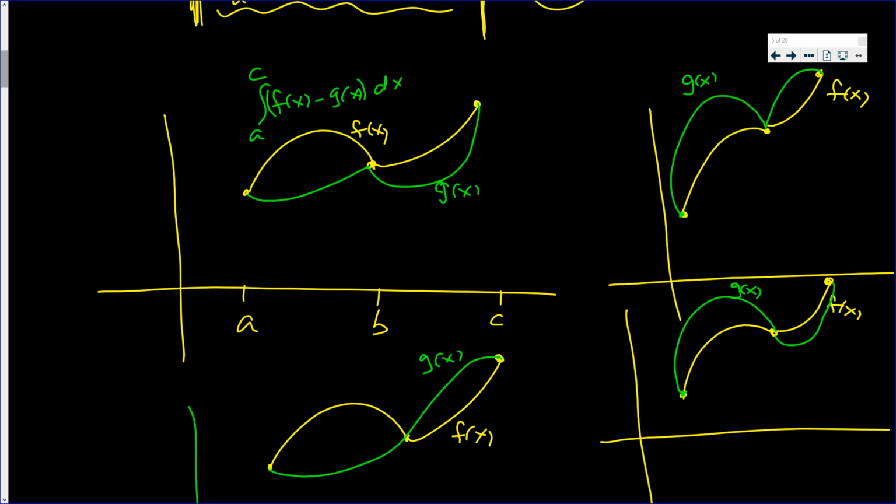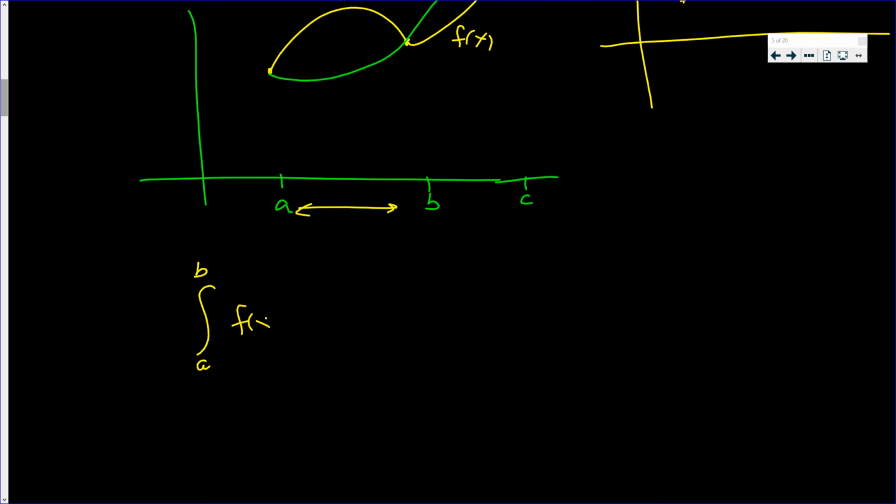But you don't know that, because you're not going to graph it. There's no reason to graph it. All you need to do is integrate from a to b, the first interval. Say f is on top. If you're right, that is the area between the two curves from a to b.